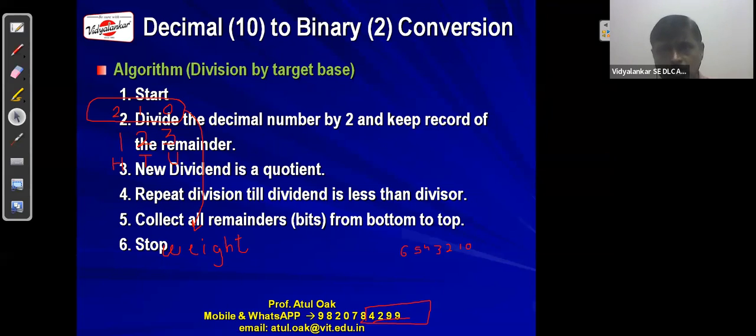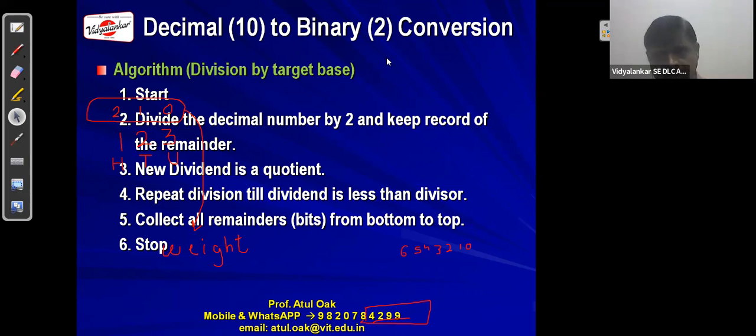Decimal to binary conversion. The third point is decimal to binary conversion. Write one statement for the third point.